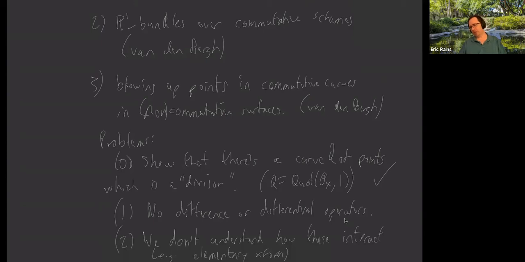And there are some similar issues. For instance, the mere fact that P1 cross P1 has 2 different rulings is a relatively subtle statement in non-commutative land. And in particular, even when you have an interpretation in terms of operators, and you can basically just try to prove that you have something given by generators and relations, and you prove that the relations are invariant, there's still something like 16 different cases.